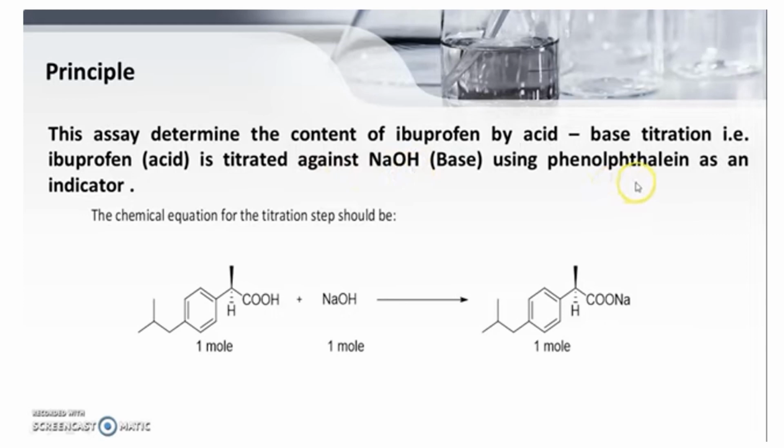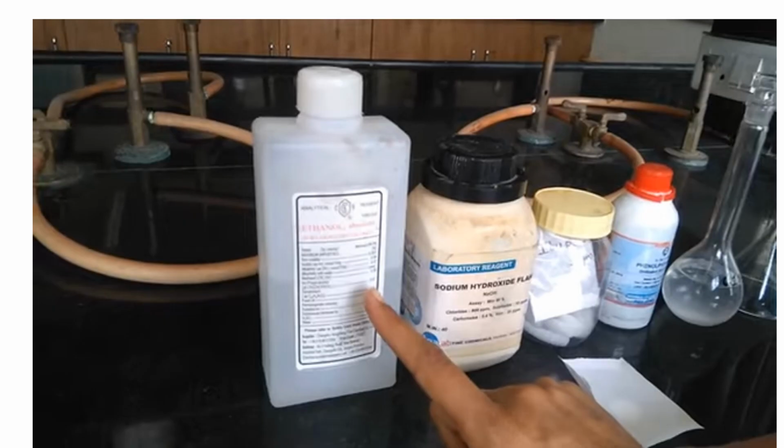Once you start the titration, it becomes pink at the end point. This is the chemical reaction for the titration step: a 1:1 mole ratio of sodium hydroxide and the acid react to produce the sodium salt as a product.